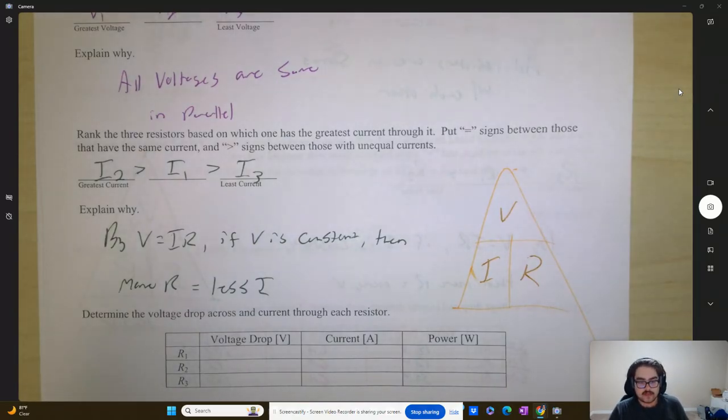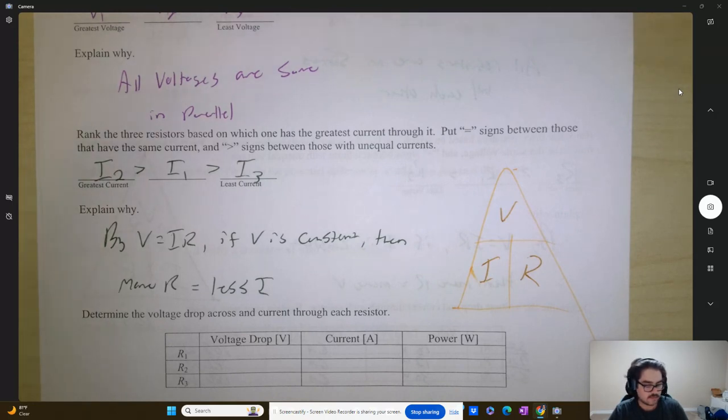Determine the voltage drop across and current through each resistor. Okay, so we're doing the same thing as we did before. We're going to figure out the voltage drop across and the current through each resistor. Now it's a little bit easier for us because we can actually get the voltage right away.